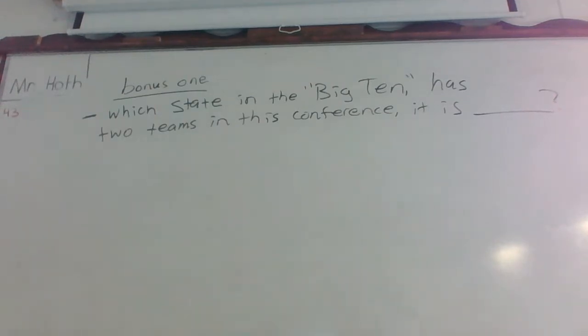So in the Big 10, there's one state that's got two teams in that conference, and they're named after the state. Okay? Is it still free college application week, or was that last week? Last week and this one? Oh, regardless. All right.